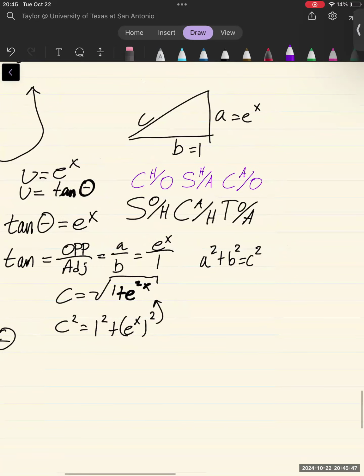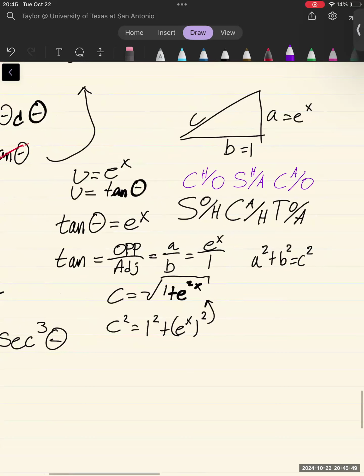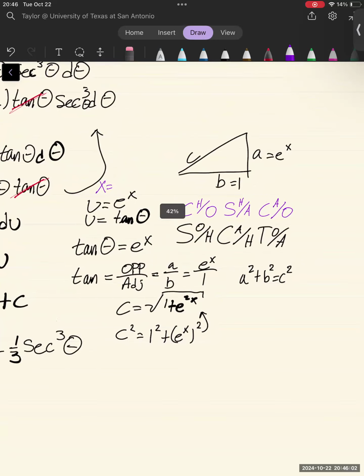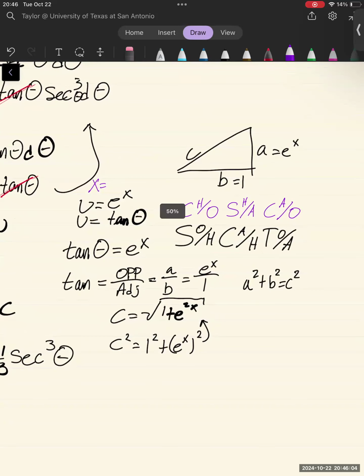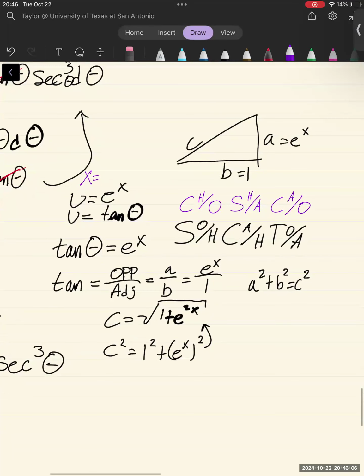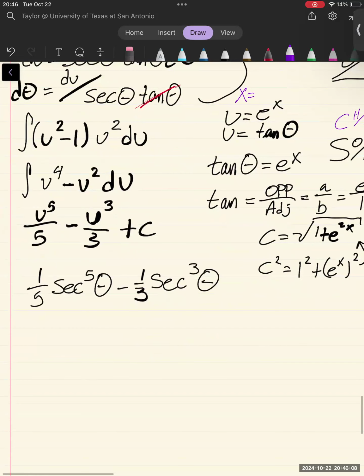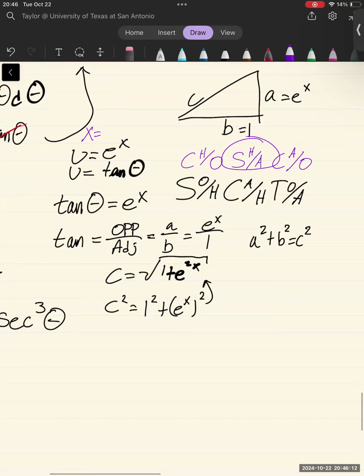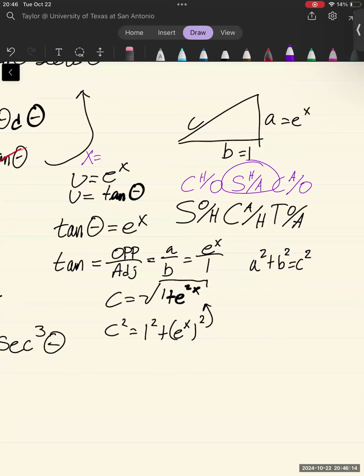And so we made x equal to, sorry, one second. Oh, that's right. Okay, so we're using secant, right? We're using secant in this equation. So I know this, right? I just found my hypotenuse.